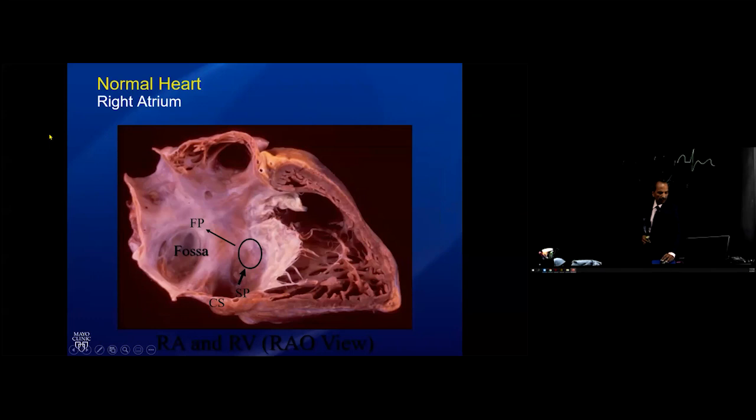So if we think about this region, when we're ablating by the posteroseptal space or in a middle cardiac vein, we're actually extremely far away from the compact AV node.